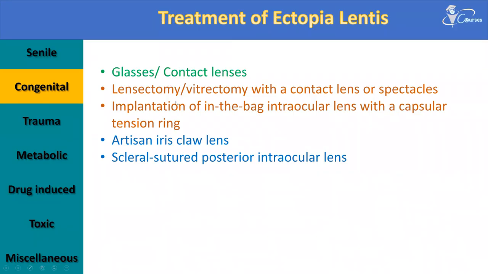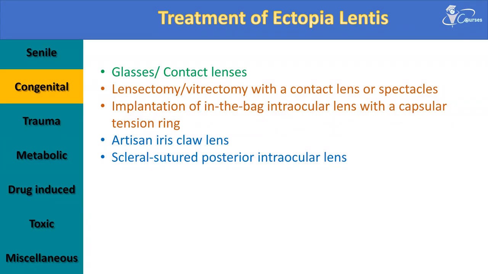How is the lens removed? It can be removed completely, by lensectomy with vitrectomy, and visual rehabilitation by contact lens or spectacles. Or we can do implantation of an in-the-bag intraocular lens with a capsular tension ring, or implant in the bag with the help of capsular support, either with the capsular tension ring or Cionni ring or ring segments.